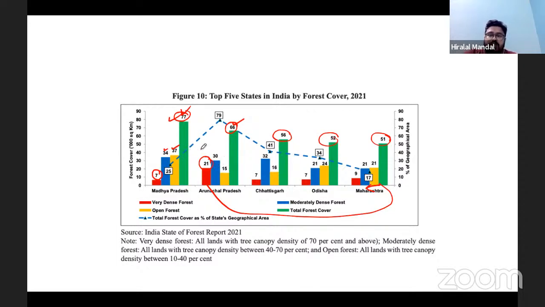There is no need to go very deep into the issue, otherwise it would be extremely difficult to recall those things. Remember this one: which of the following states are in the top 5 categories in terms of overall performance? That's the only thing that you need to keep in mind. Besides that, just focus on very dense forest.